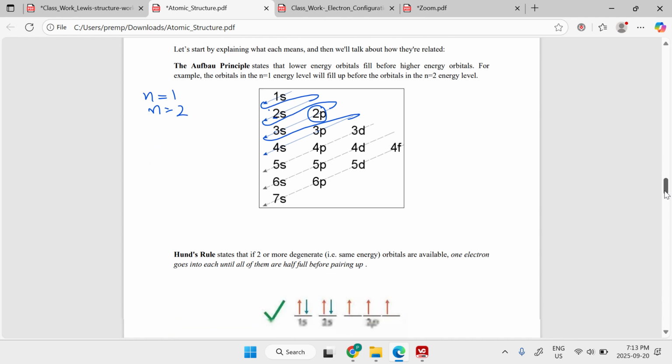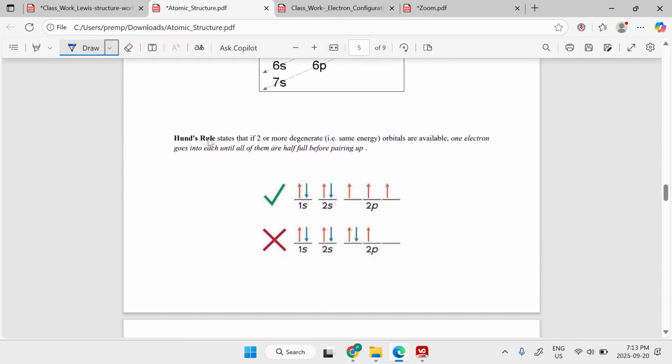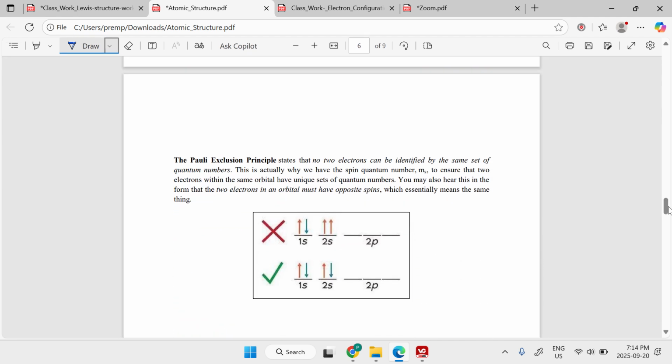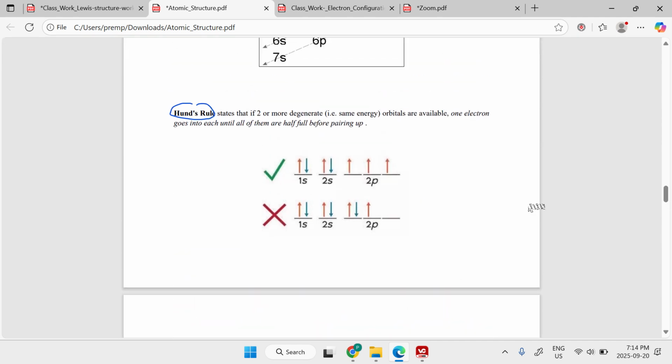And Hund's rule says that if we have multiple electrons going into the same level of suborbitals, then the pairing will not start until all the cells are singly filled. I will explain what this actually means. For example, you can see here 2p.